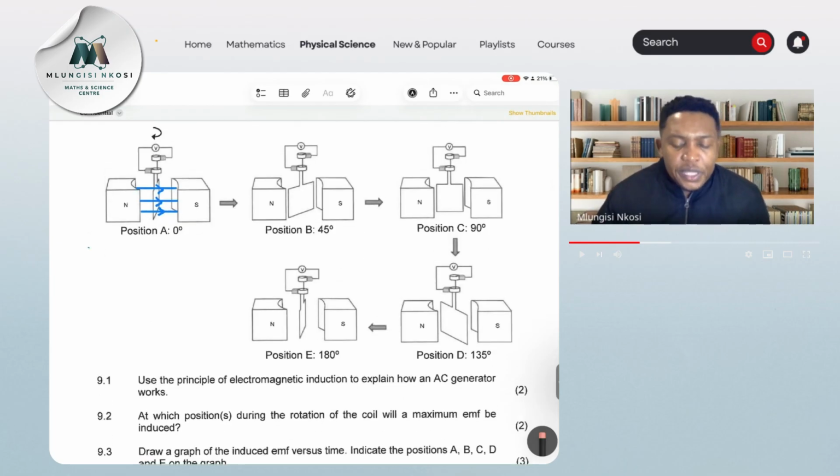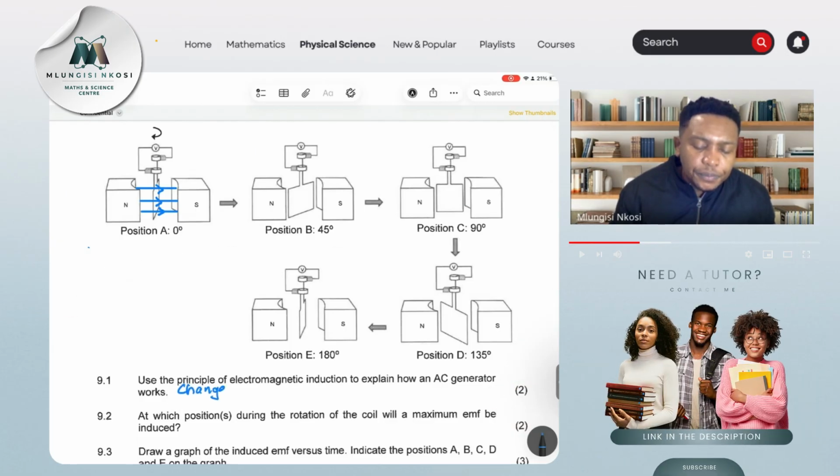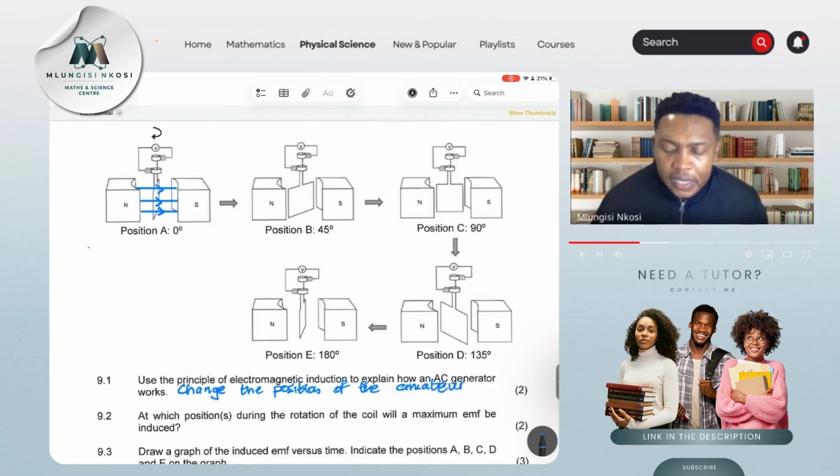They say use the principle of electromagnetic induction to explain how an AC generator works. Remember, how does electromagnetic induction work? Here, we are changing the position of the armature within the magnetic field.